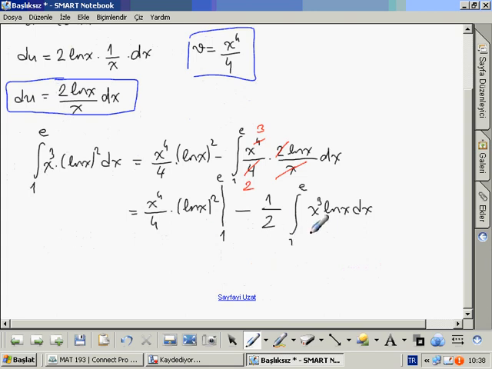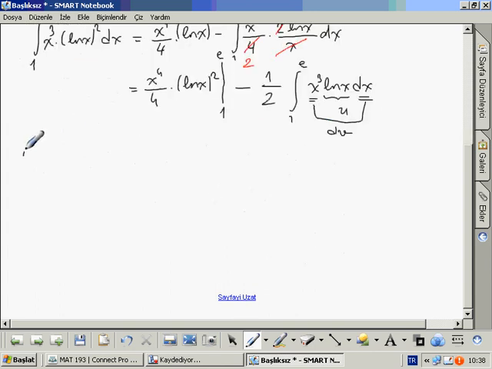For this part, this is u and this part is del v. So if u equals ln x, we know that del u equals del x over x, and if del v equals x cubed del x, so v equals x to the 4 over 4.